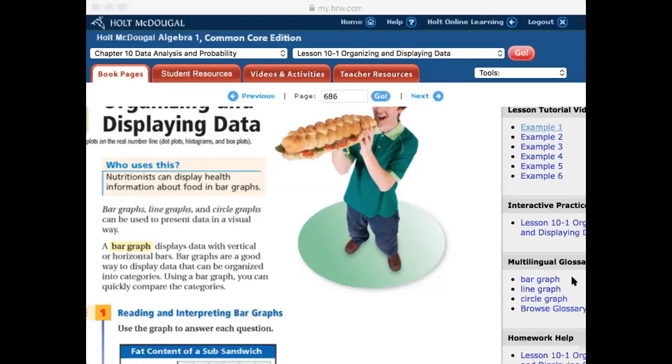Okay, 1B. Which ingredient contains at least 8 grams of fat? 8 grams of fat, at least. At least, which means 8 and less. So who answered here?